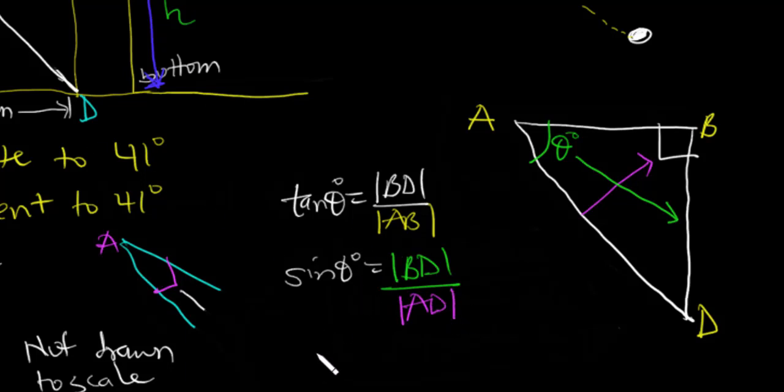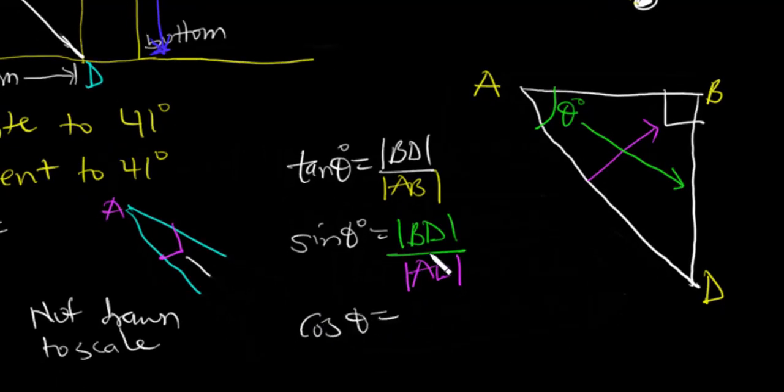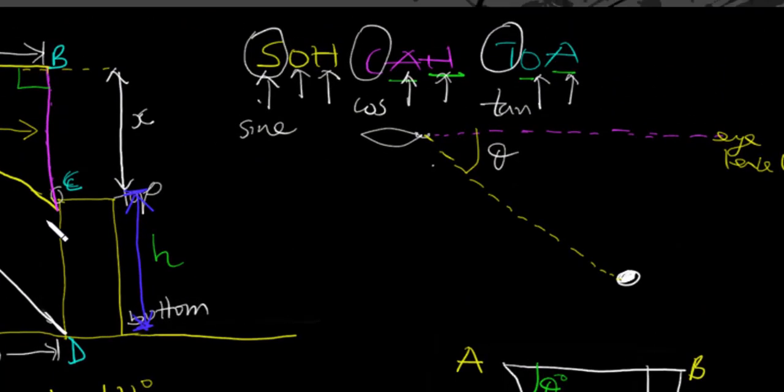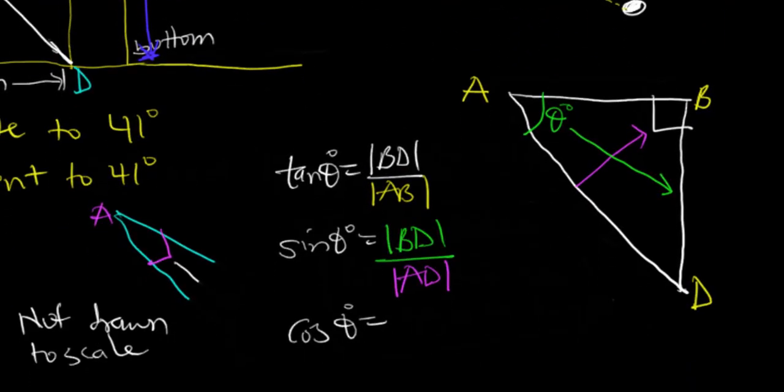Now let us look at the last one here, cos theta degrees. Cos is adjacent over hypotenuse. With respect to the angle theta degrees, the adjacent side is AB. So we have the length AB divided by the hypotenuse side, and of course that is the length AD.